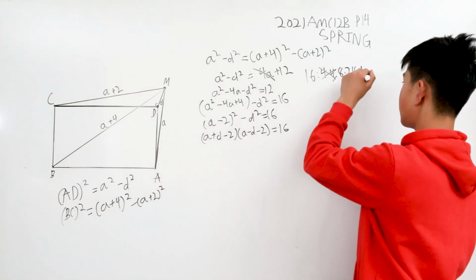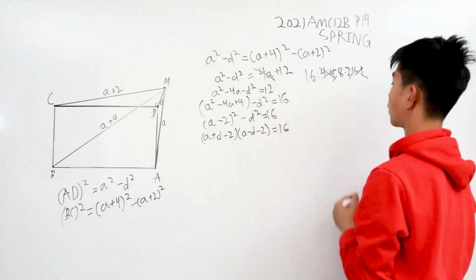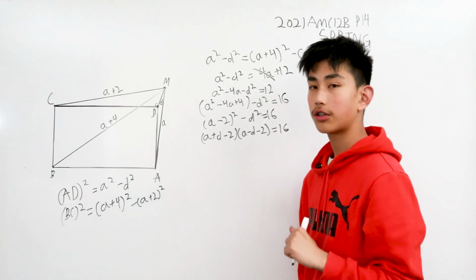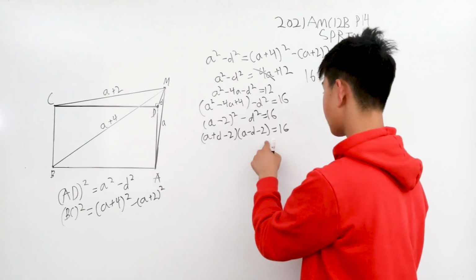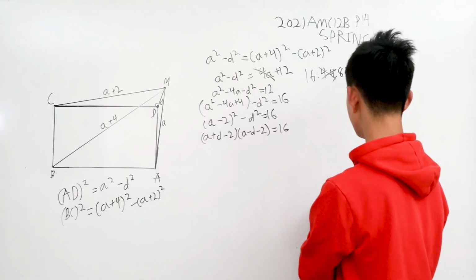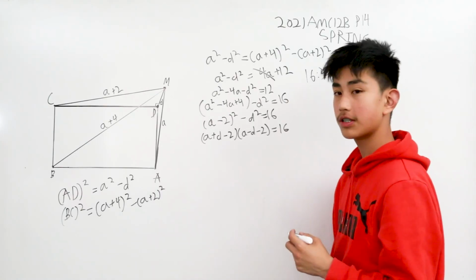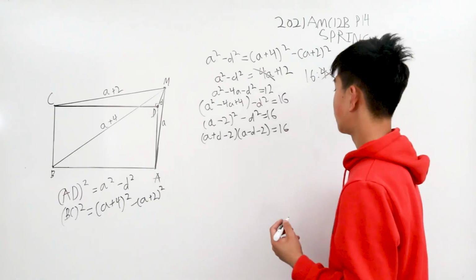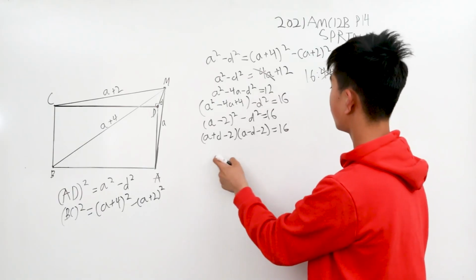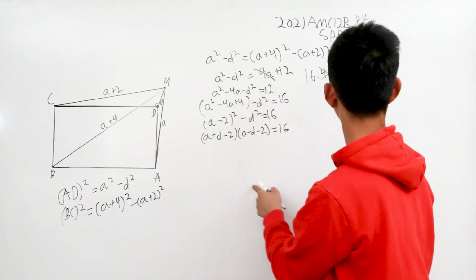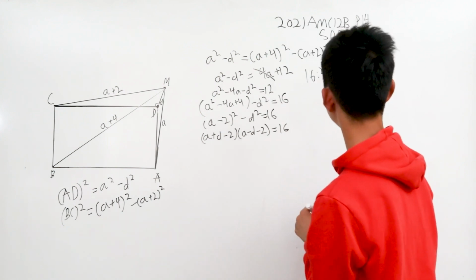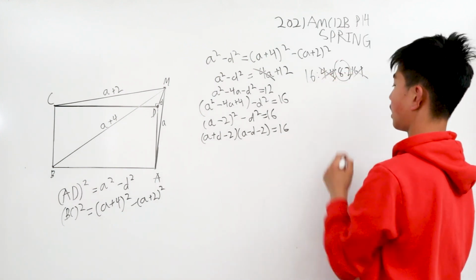And then 16 and 1 is wrong because 16 is too great and 1 is too small in this case. That leaves us with 8 and 2.